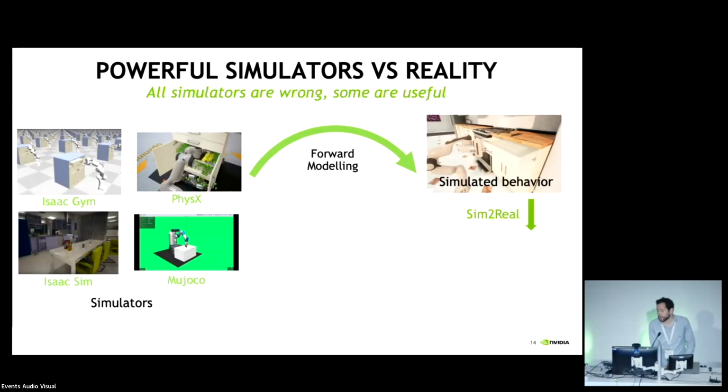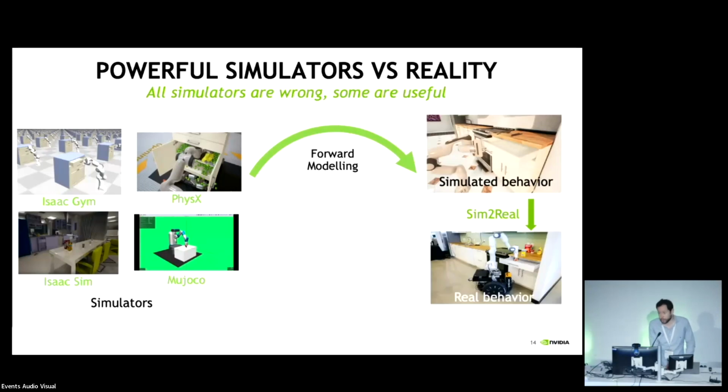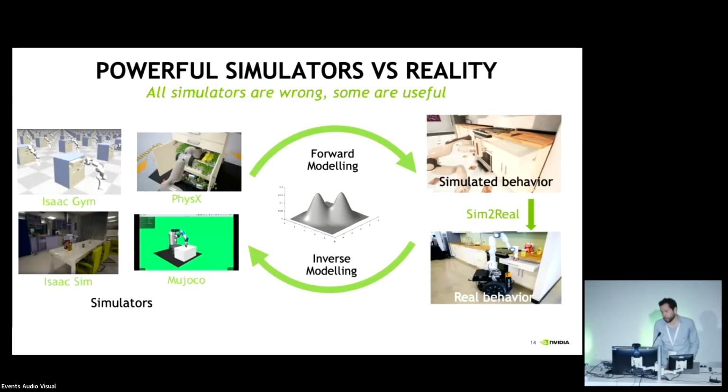Well, now that we have a simulator behavior, we can look at the real world and see the real behavior. Here's the tricky bit. If we have the real behavior, how do we go back to the simulator and ask the question: what is the value of these physical variables, the parameters of your simulator, that actually give me a simulation that corresponds to the real world?